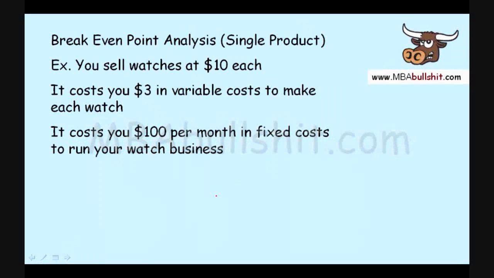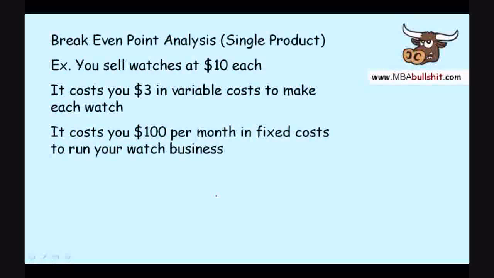So when we say fixed costs, an example might be the rent. You have a flat fee of rent and maybe salaries of $100 per month for the storekeeper and the rent, and it doesn't change even when you sell more watches, or even when you sell less watches, it's always the same.